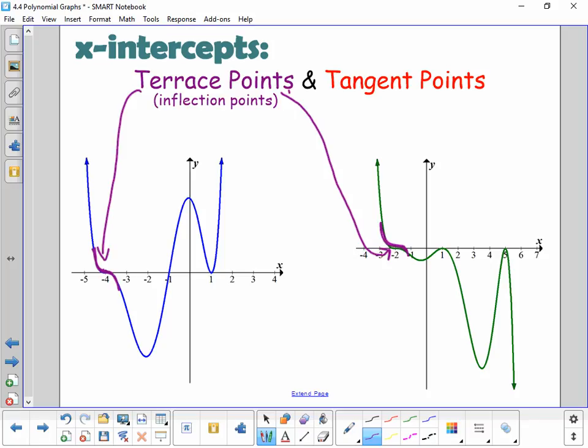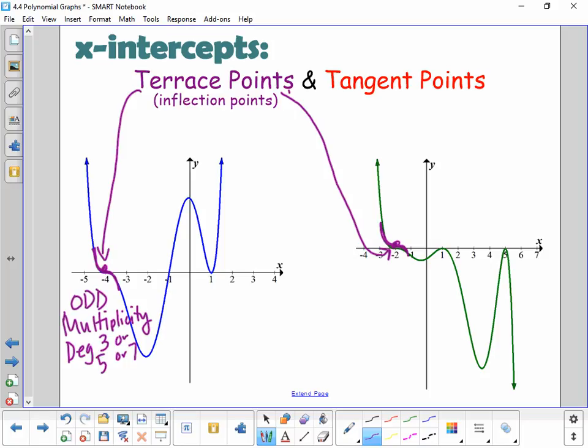When you see a terrace point on the graph, it can give you some information about the multiplicity. At that terrace point, for that corresponding factor, it has an odd multiplicity. And it has to be a degree higher than 1, so degree 3 or 5 or 7 or some higher number.